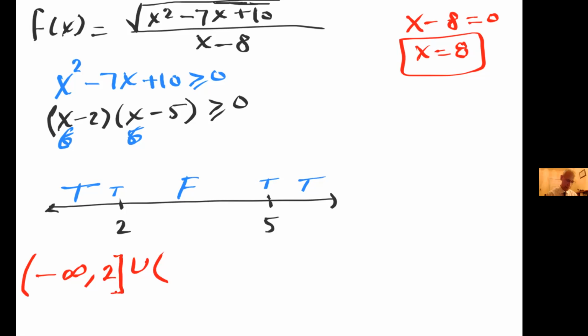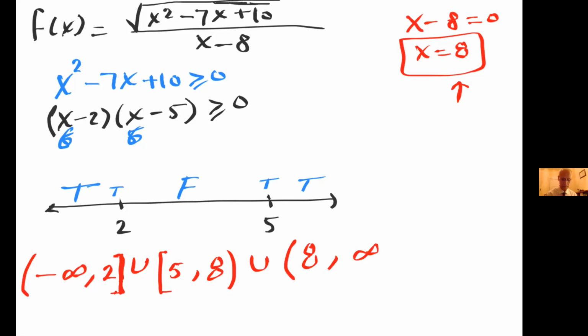Together with, starting again from 5, 5 is included, 5 all the way to 8, because we said 8 is an excluded value. 5 to 8, 8 is not included, together with from 8 to infinity.